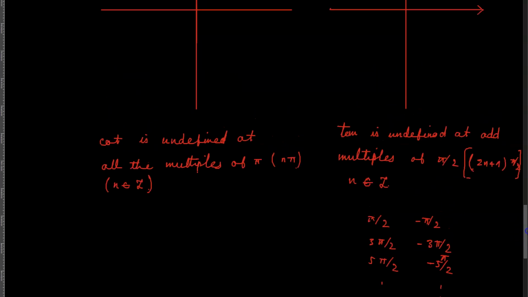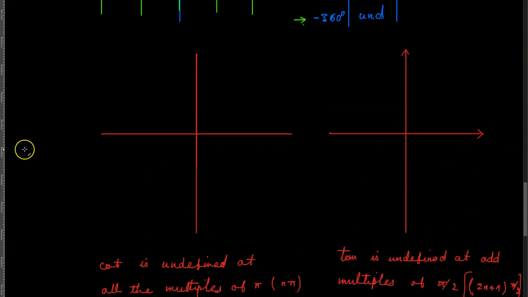Which means that for the tan function, this is pi by 2, this is pi, this is 3 pi by 2, this is 2 pi. And if you do the same thing over here, the function is going to be undefined at pi by 2, for which you will get a vertical asymptote.